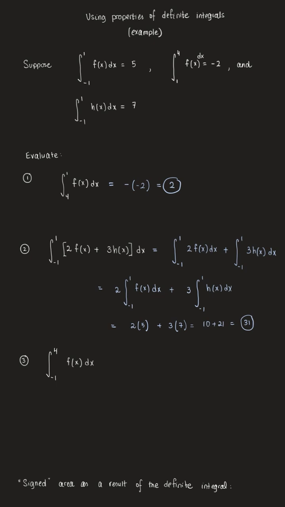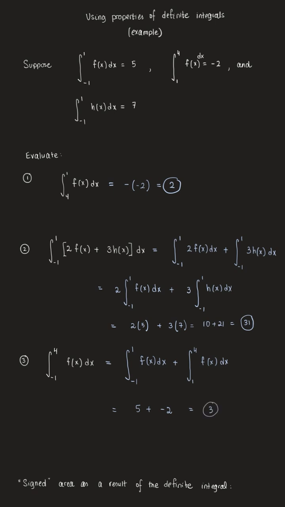So this should be equal to the integral from -1 to 1 of f of x dx plus the integral from 1 to 4 of f of x dx. And we know that the value of the integral from -1 to 1 from our problem was just 5. And the integral from 1 to 4 was -2. And so this result will just be the number 3.